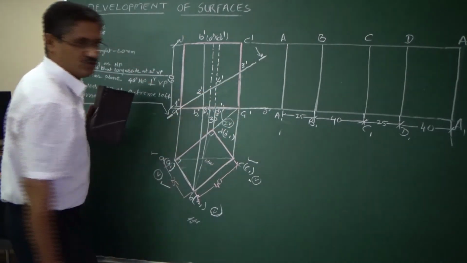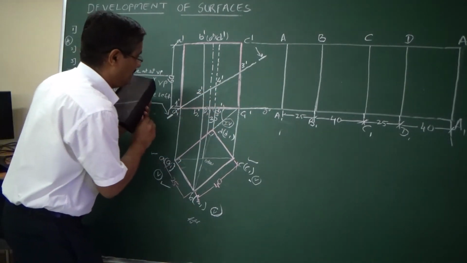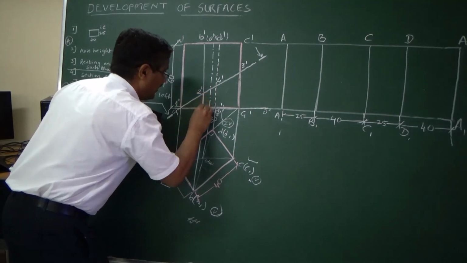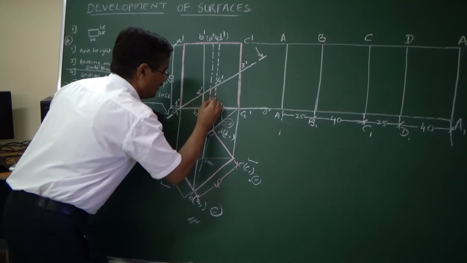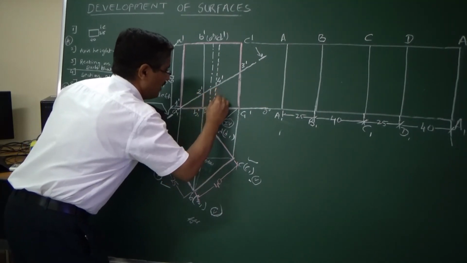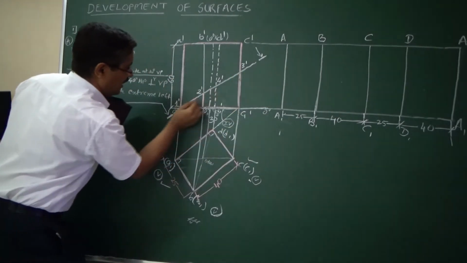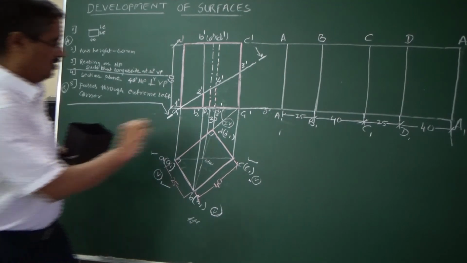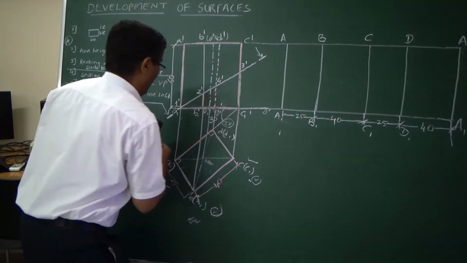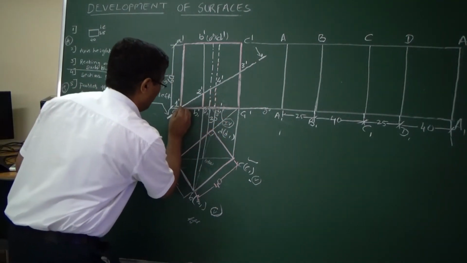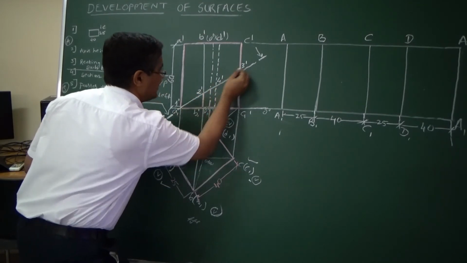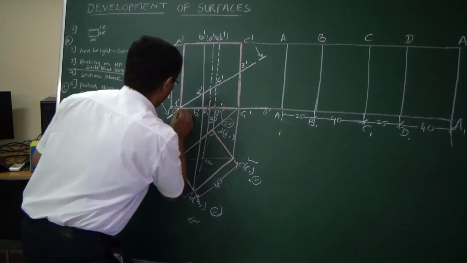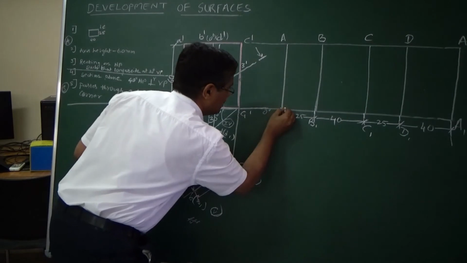So the remaining portion here, you should also represent this in thick, and all the lines which you represent below that line should be made thick. Now draw a horizontal line from all these 1 dash, 2 dash, 3 dash, 4 dash. 1 dash is lying on AA1, so this is the point.